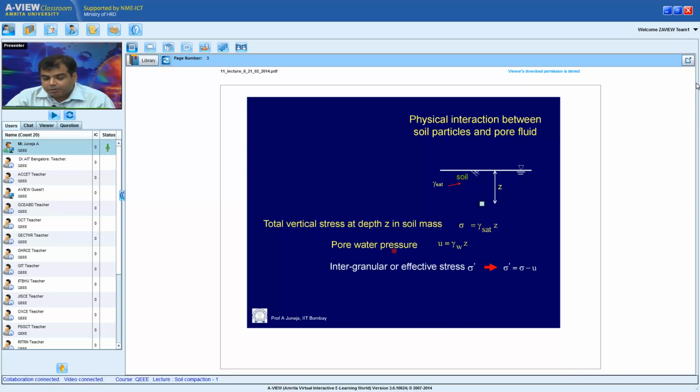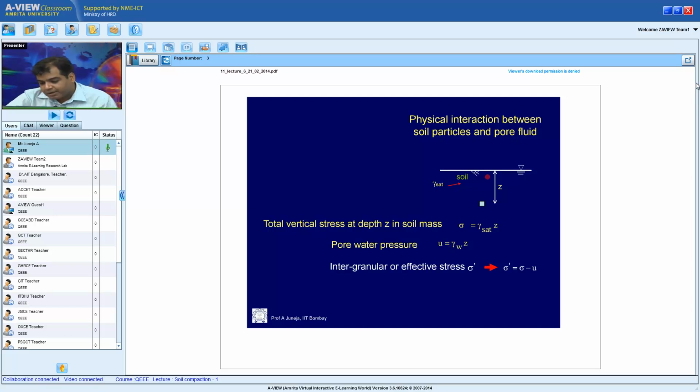What about the pore water pressure? Pore water pressure, sometimes people call it just pore pressure, with the assumption that it will always be water, unless it's contaminated soil. For normal soil, it's assumed to be water. So we call this pore pressure or pore water pressure, PWP.